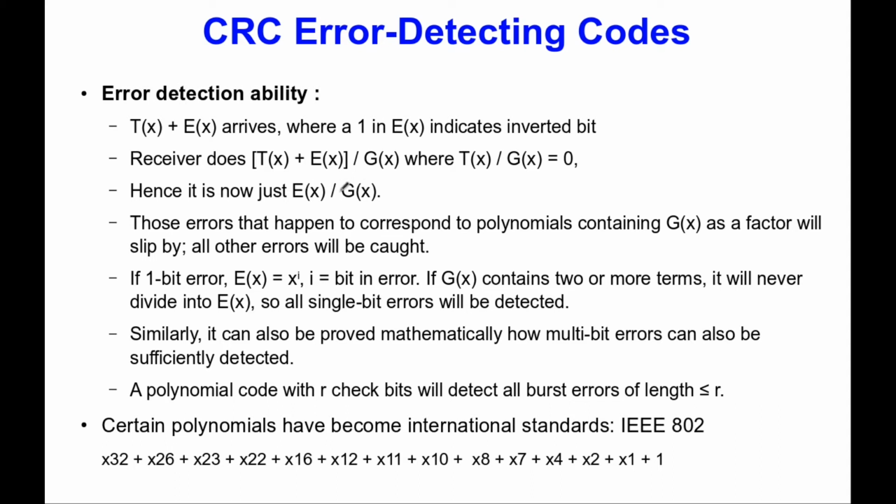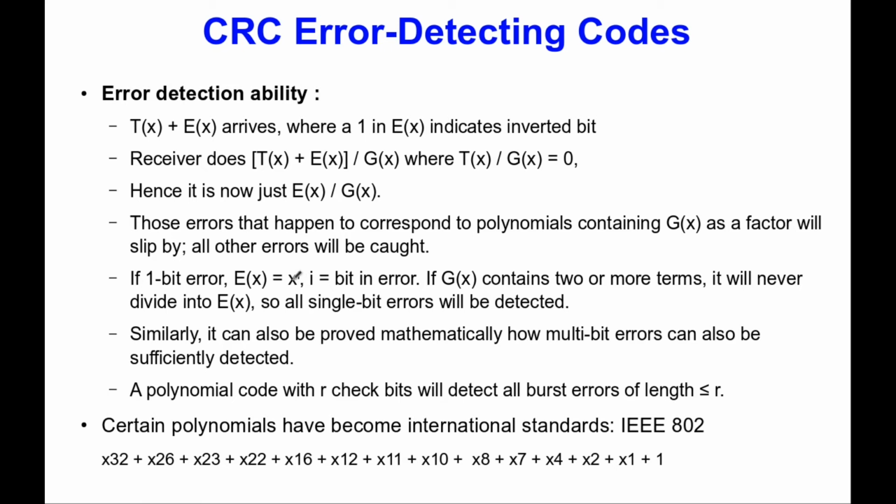In that process, the terms in Ex which happen to correspond to the polynomials containing Gx, for example, in our case, the Gx was x raised to 4 plus x plus 1, and if there are some terms in Ex which correspond with these terms, those errors will not be detected. They will slip by, and all other errors will be caught because there will be some remainder here. So in the case of a 1-bit error, as we've seen here, that will be one set in Ex.